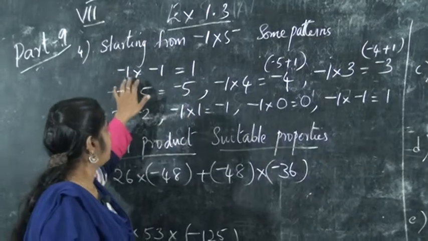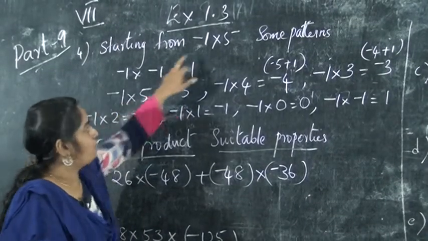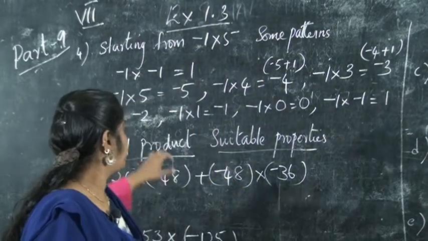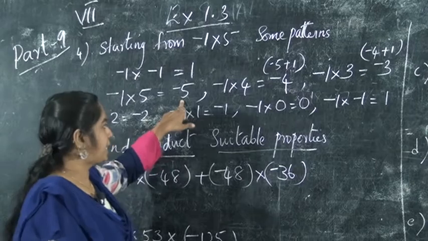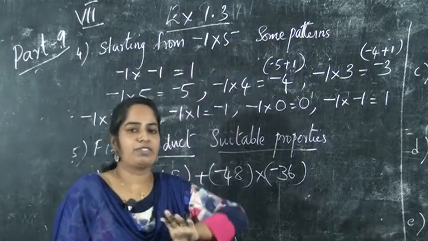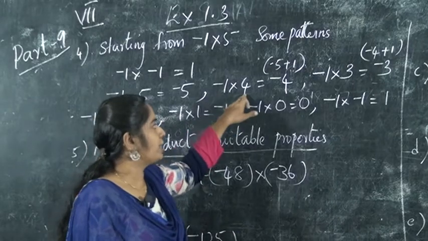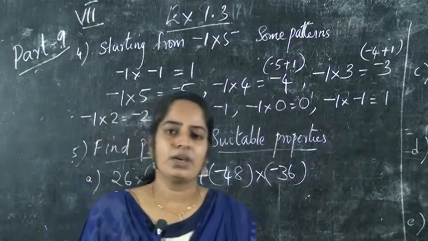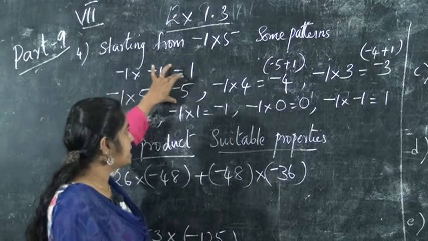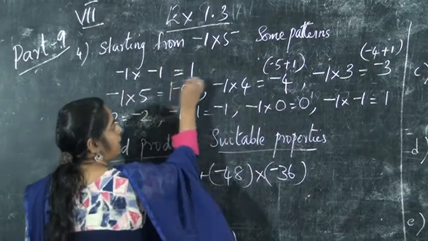Here we started from -1 into 5, that becomes -5. The second thing: we change 5 to 4, so -1 into 4 becomes -4. What is that -4? That is -5 plus 1, isn't it children?